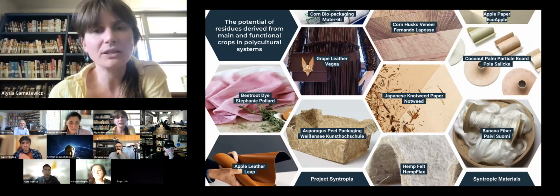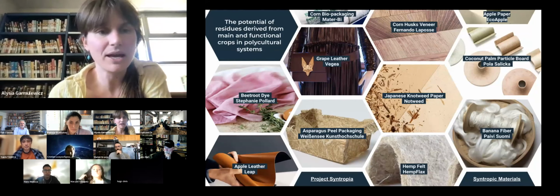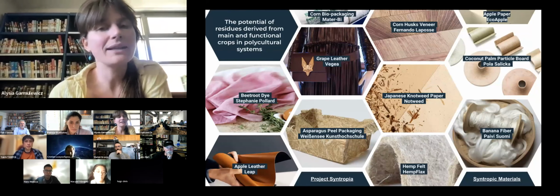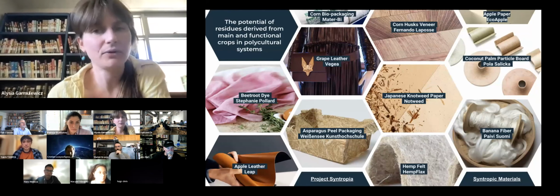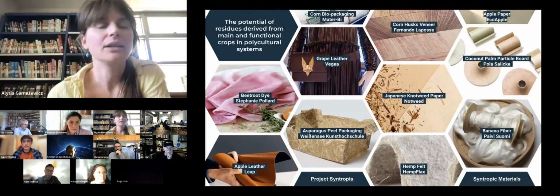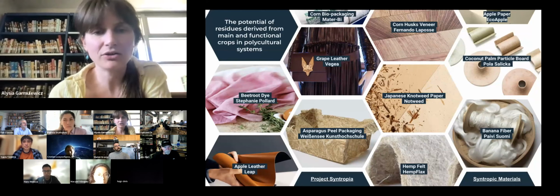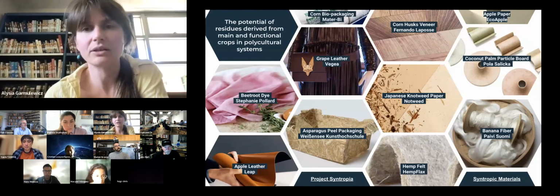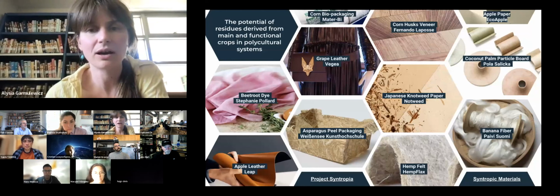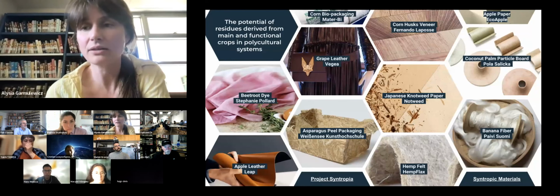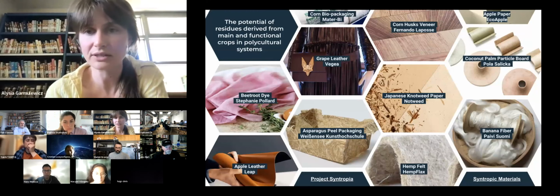But there's a lot of other biomaterials that can be made from plants that specifically are integrated for polycultures that can help with pest control, that can help the soil in its fertility. And here's just an example of some of the materials that were identified that you can create from some of these crops that can have these ecosystem services.